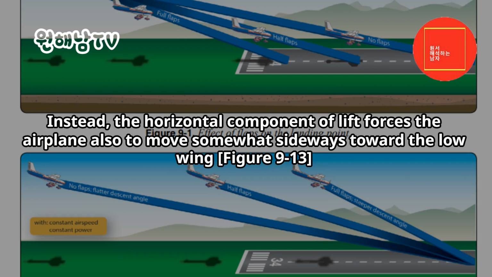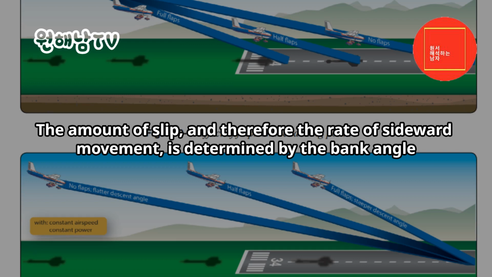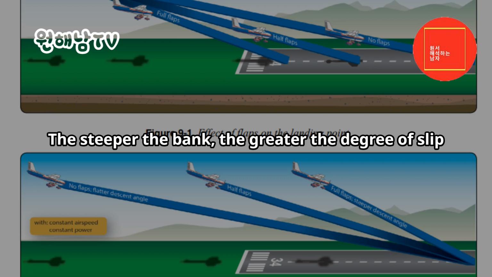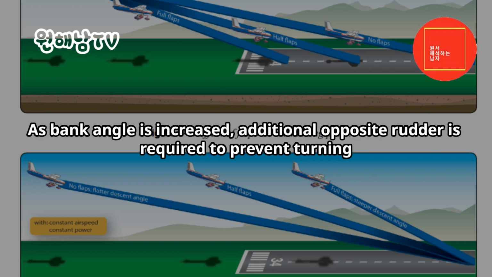Instead, the horizontal component of lift forces the airplane also to move somewhat sideways toward the low wing. Figure 9-13. The amount of slip, and therefore the rate of sideward movement, is determined by the bank angle. The steeper the bank, the greater the degree of slip. As bank angle is increased, additional opposite rudder is required to prevent turning.